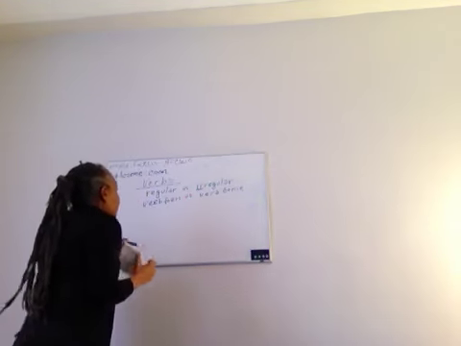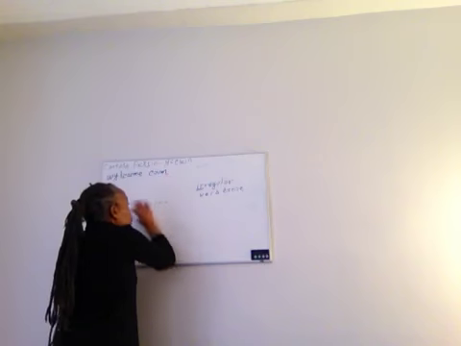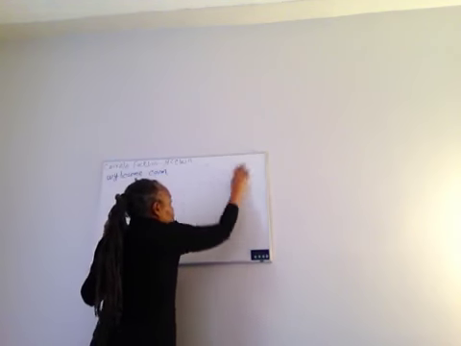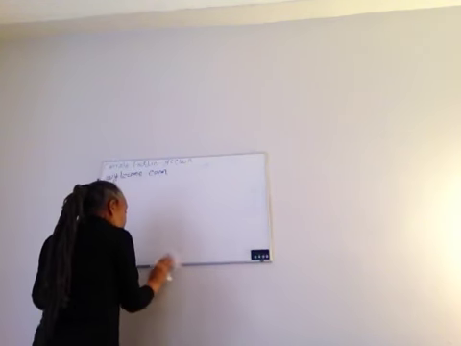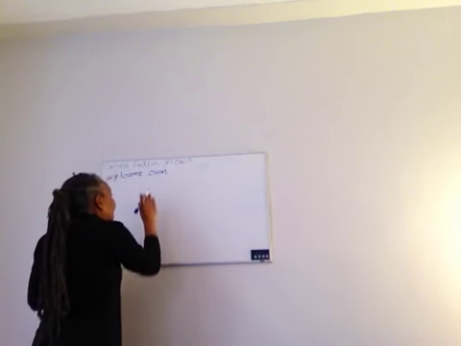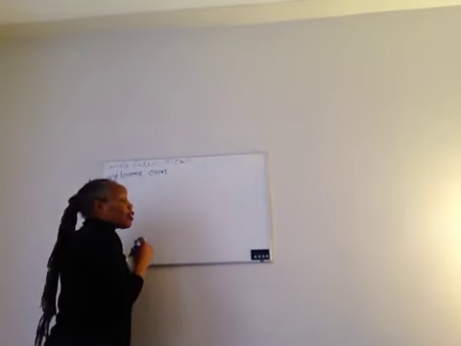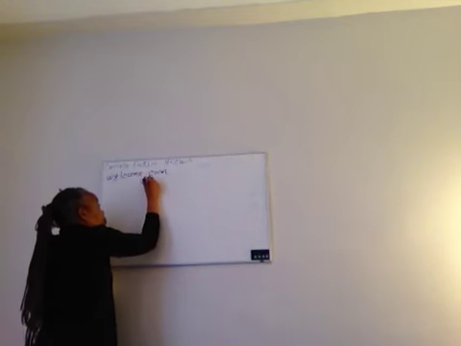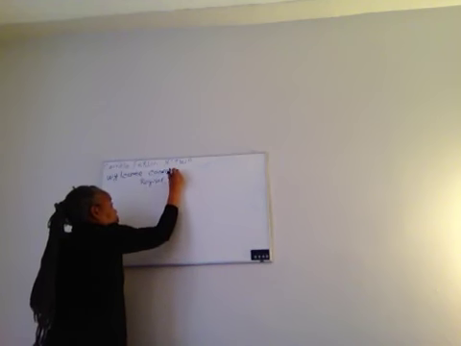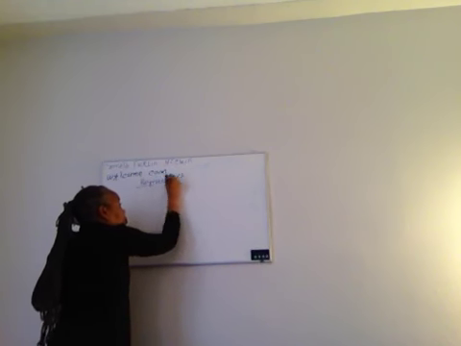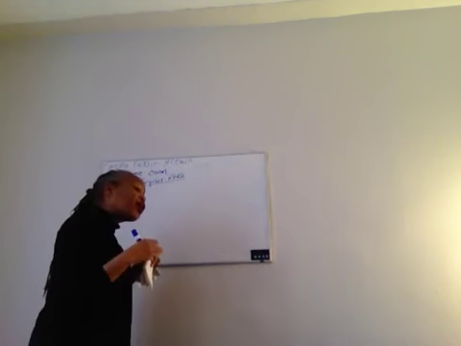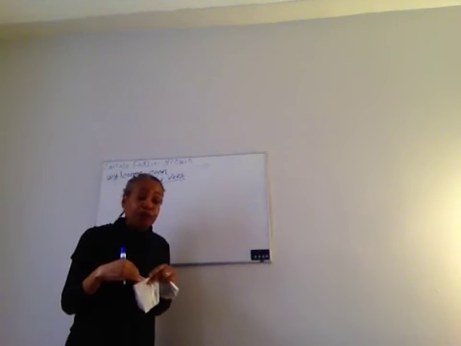So I'm going to erase all of this, so I'll have room to look at what we're going to be looking at. Okay. Now first I want us to look at a regular verb. As I said, a regular verb is a verb that follows the rule.